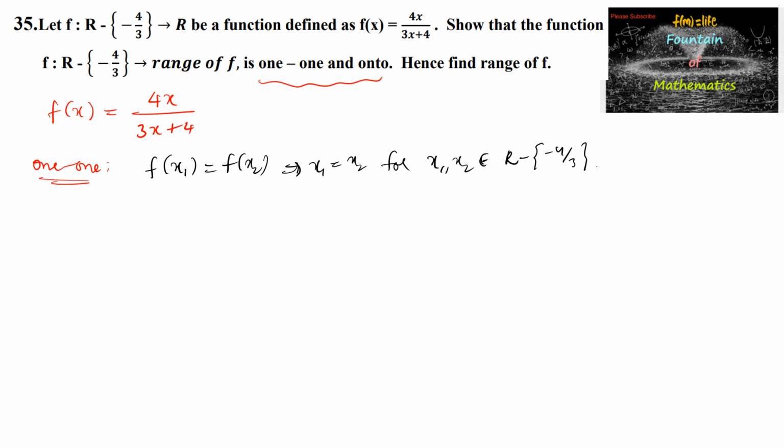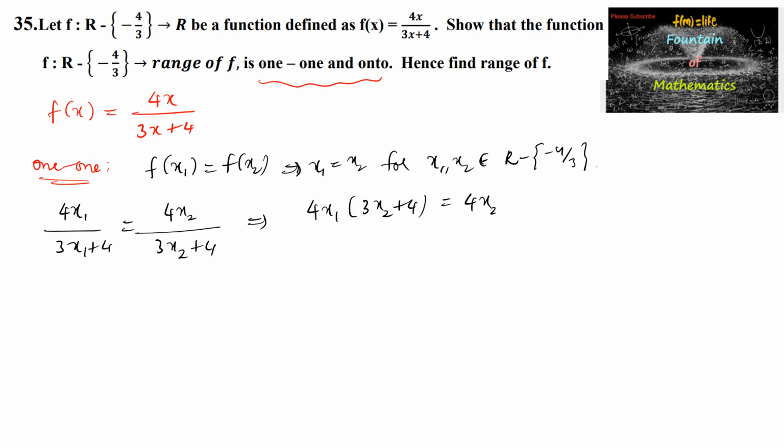So let us consider f of x1 is equal to 4x1 upon 3x1 plus 4 is equal to 4x2 upon 3x2 plus 4, which implies 4x1 times of 3x2 plus 4 is equal to 4x2 times of 3x1 plus 4, which implies 12 times of x1 x2 plus 16 times of x1 is equal to 12 times of x1 x2 plus 16 times of x2.